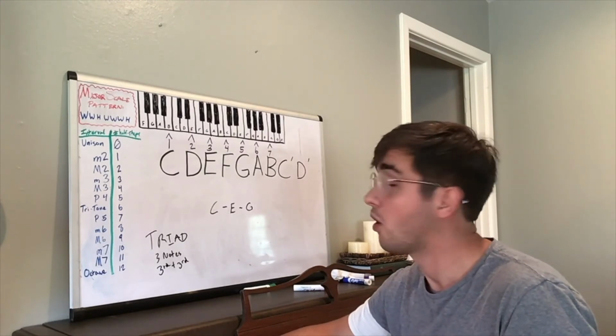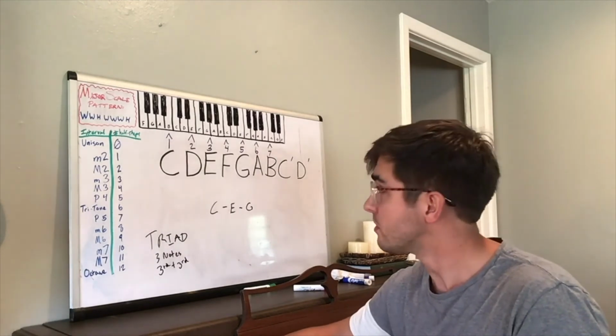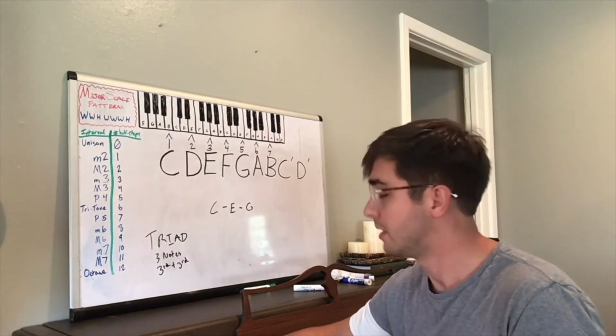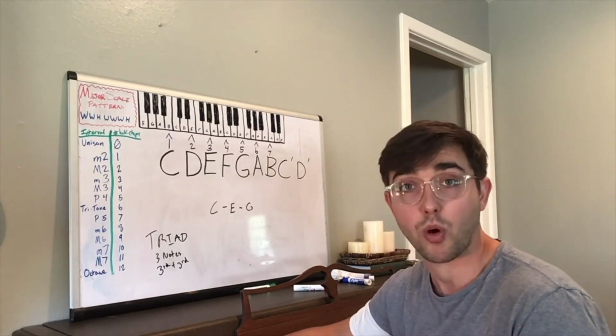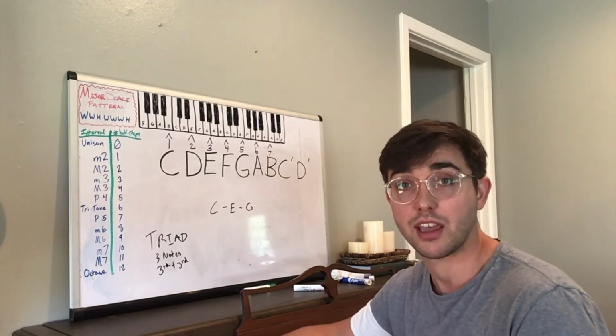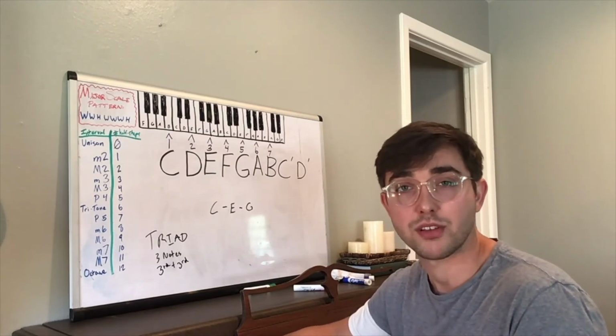If you had all the intervals written out, the qualities of each interval, what we will end up talking about are the quality of these thirds and why they're important.